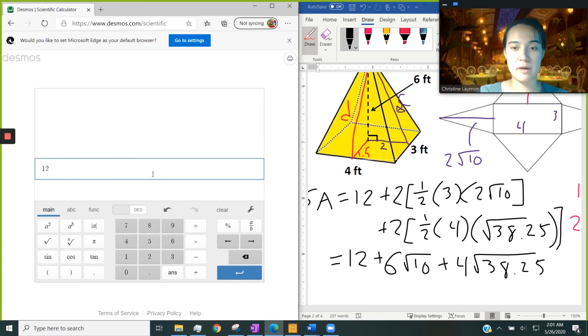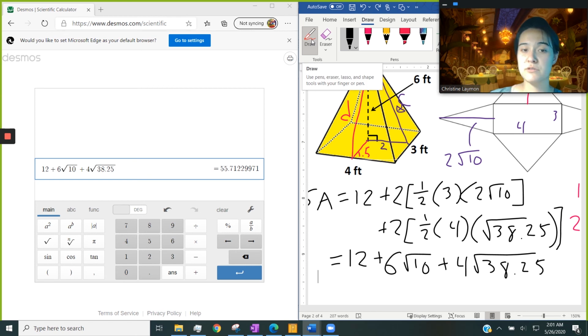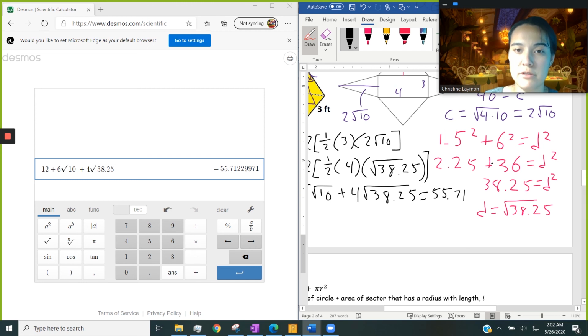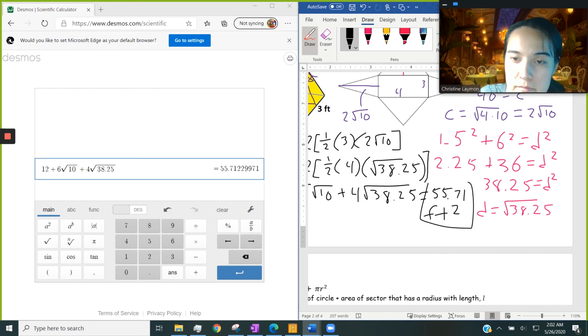So we have 12 plus 6 square root of 10 plus 4 square root of 38.25. Okay, so that value there, that's going to be our surface area. And this is approximately 55.71. Let's go back and check our units. They are feet, so we have feet squared. Okay, so that was our surface area.